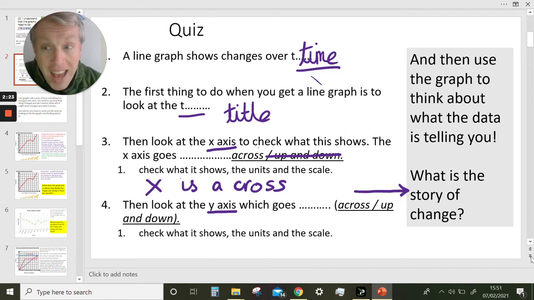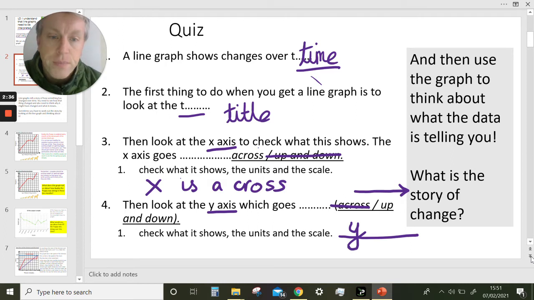Well, hold on. X goes across, so Y goes up and down. And I remember that by knowing that the letter Y is a descender. It goes down and then up on the other side. So X is across and the Y-axis goes up.